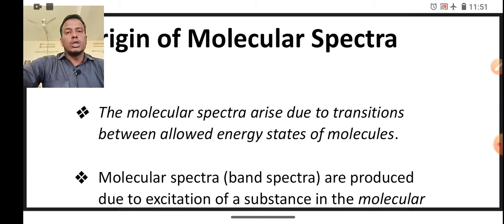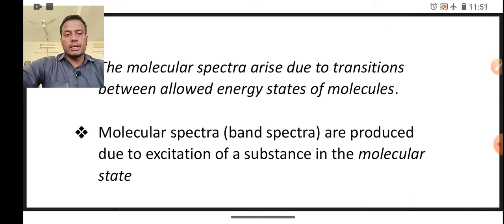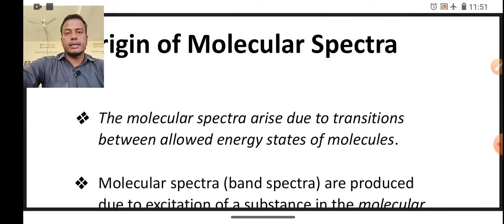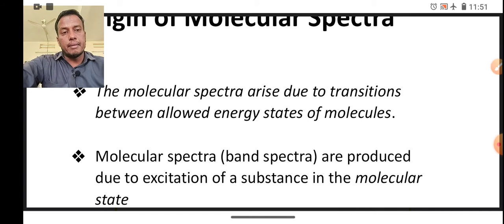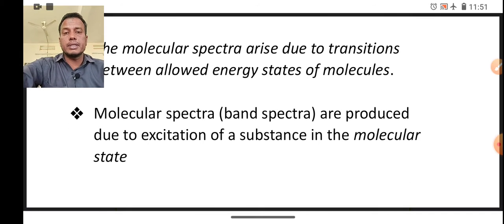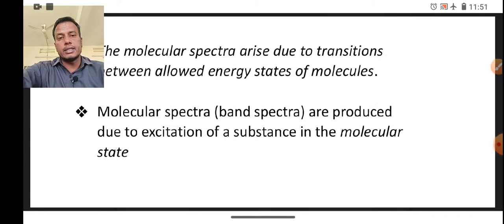There may be transitions like a rotational spectra, or a vibrational spectra, or a combination of both rotational and vibrational spectra. Another name for molecular spectra is band spectra. It can also be due to the excitation of the substance in the molecular state.